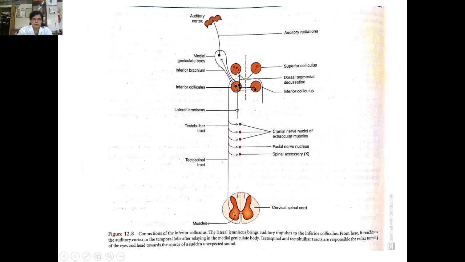Some efferents go to the superior colliculus of the same side, and from the superior colliculus these fibers cross to the opposite side in the dorsal tegmental decussation, and then they are carried as the tectospinal tract and the tectobulbar tract, and these fibers play an important role in the turning of the head and neck toward the side of the auditory stimulus.